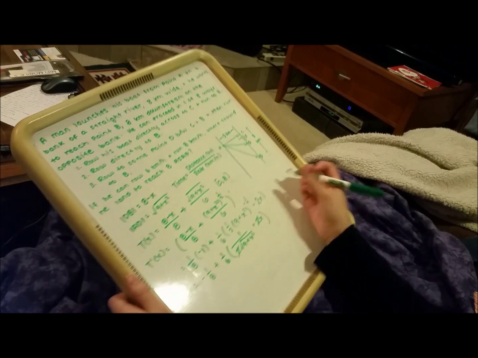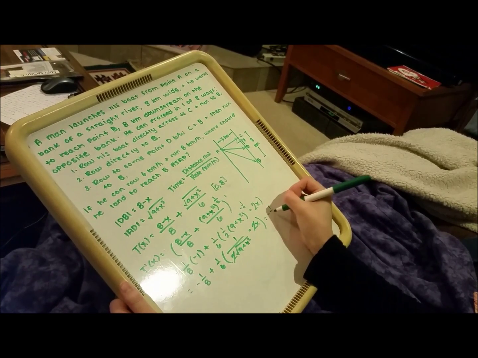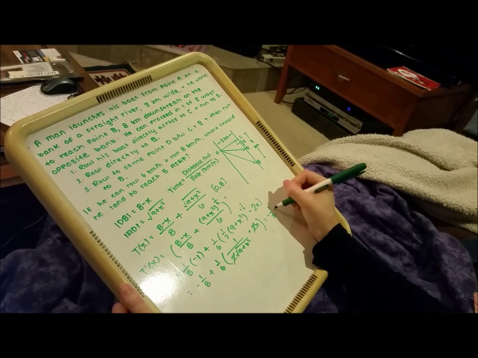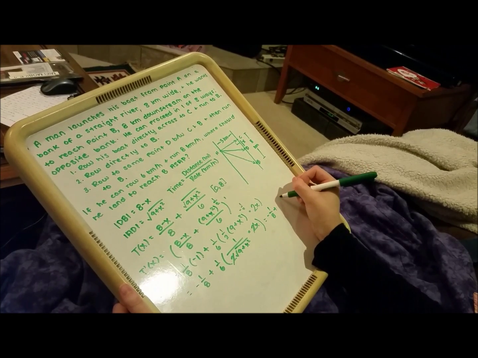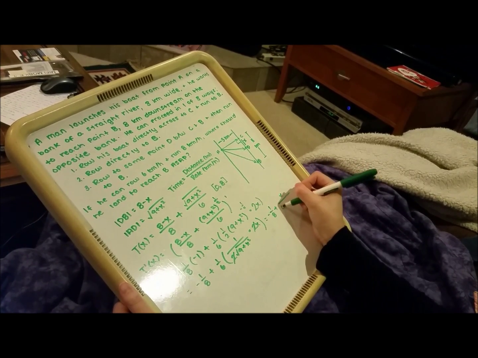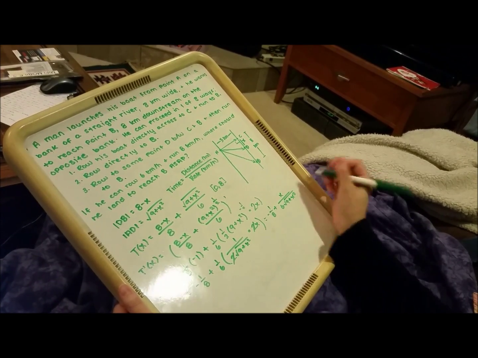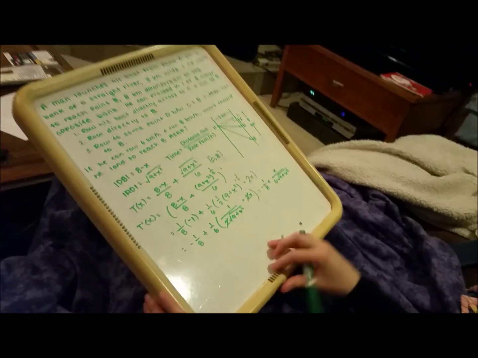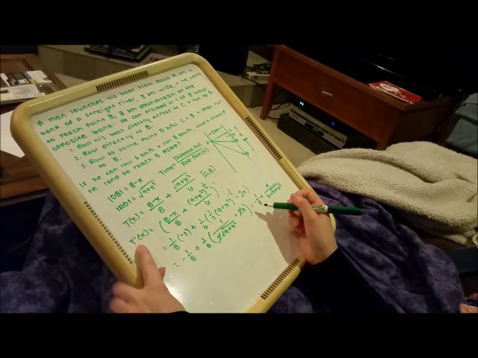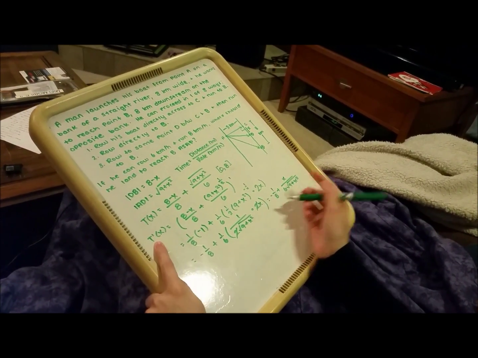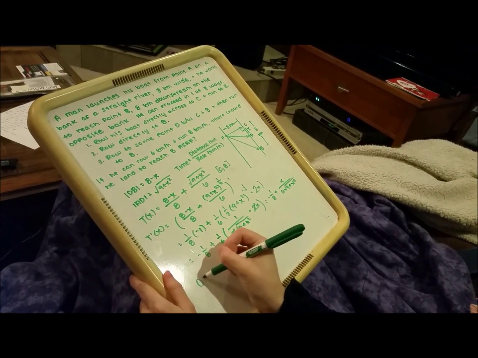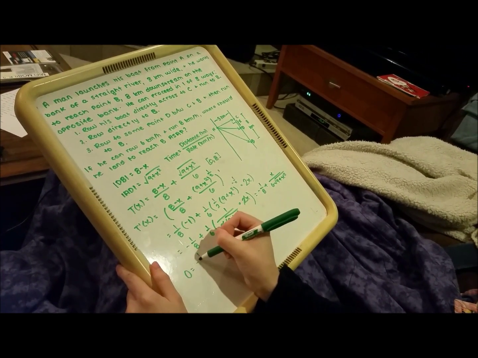Our 2's cancel, and this becomes -1/8 plus x over 6 root (9 plus x squared). We can then set t prime of x equal to 0.